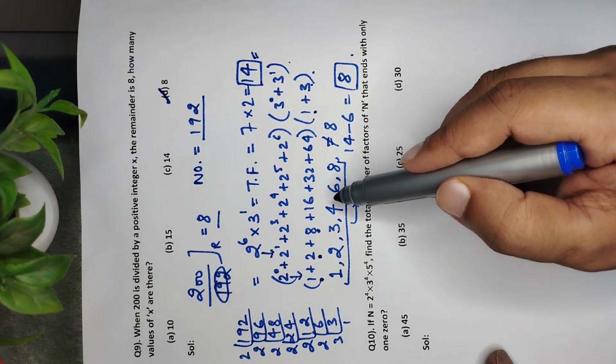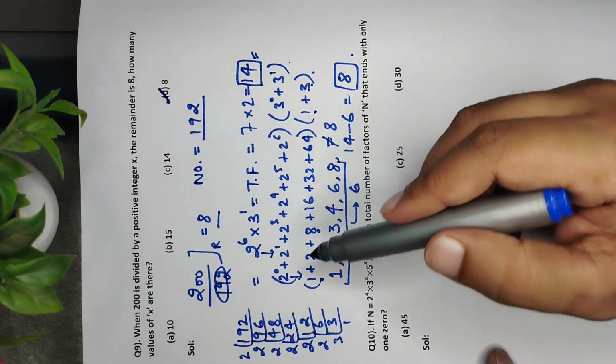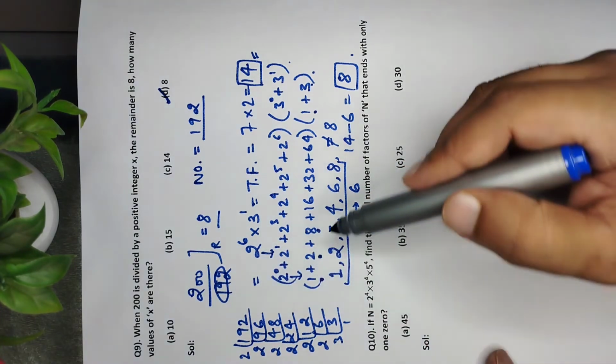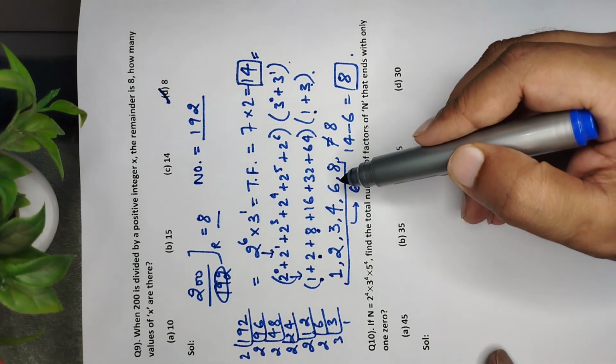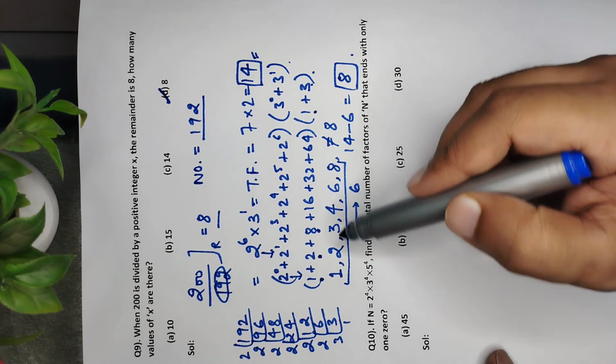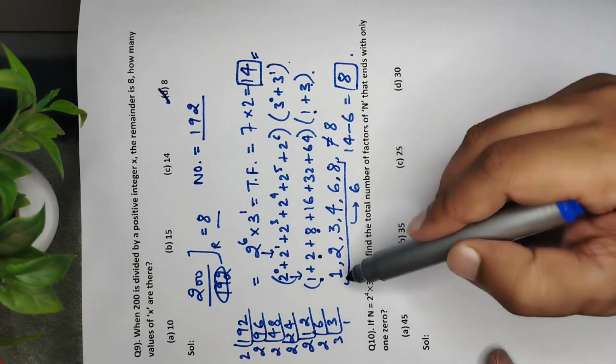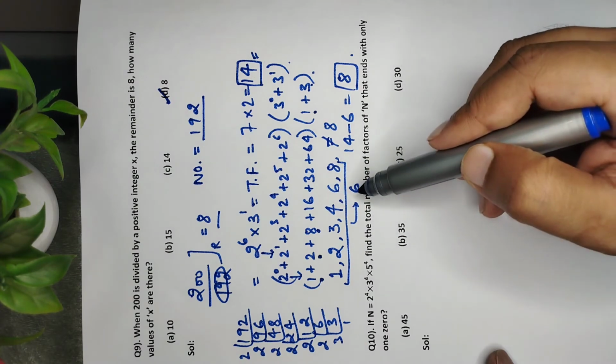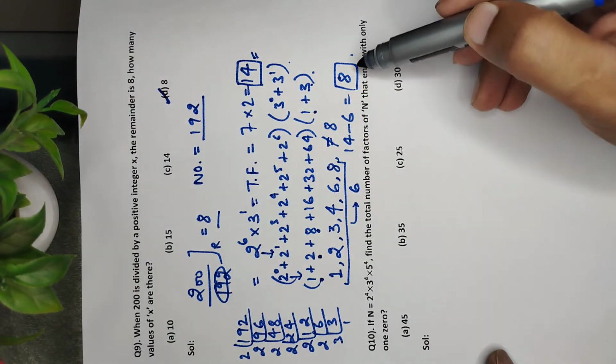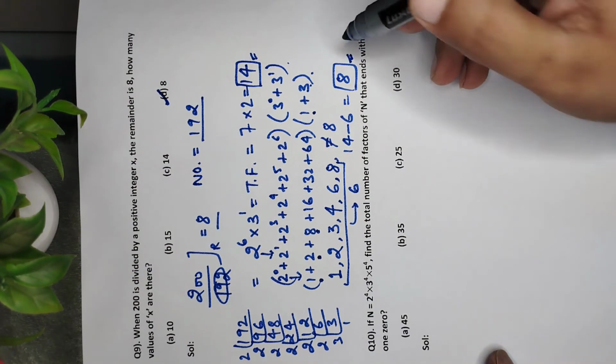Don't just write abruptly. 5 is obviously not a factor of 192, so we don't have to count it. Similarly, 7 is also not a factor of 192, so we only have to count the factors of 192 less than 8. That's it. So 1, 2, 3, 4, 5, 6 factors less than 8. So 14 minus 6 equals 8. This will be the answer.